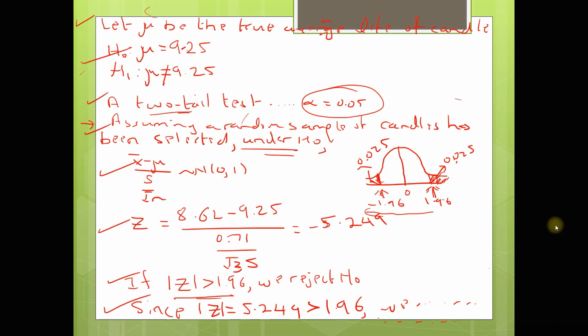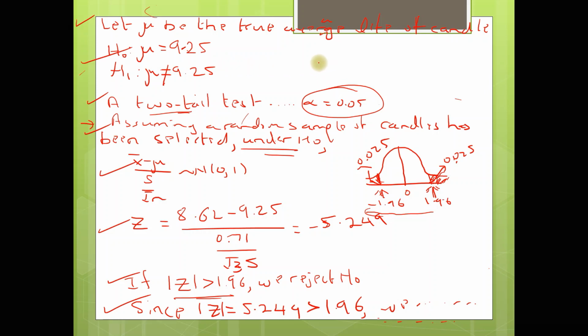Now, there is one thing that I want to mention, which I probably did not mention earlier, about the conclusion. Here we are saying we reject, and there's no problem. But what if you were not to reject the null?